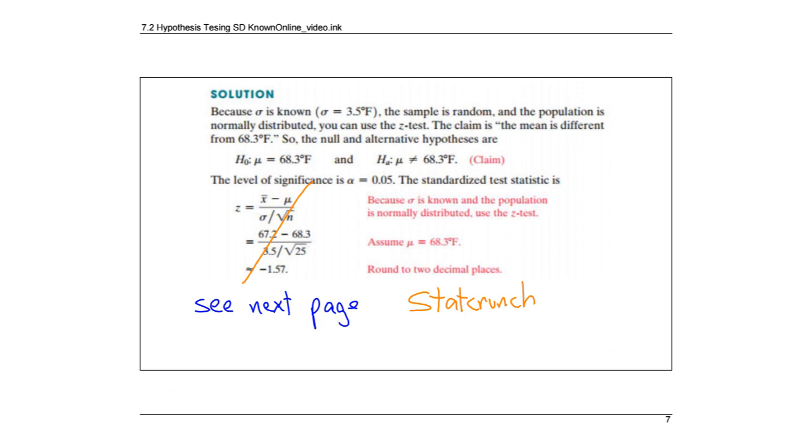I did want to show you this page. If you're not going to use StatCrunch, you would have to find the z-score and then go into calculator normal and find your p-value that way. This is a two-tailed test, and so you'd have to do calculator normal twice. But let's use StatCrunch.